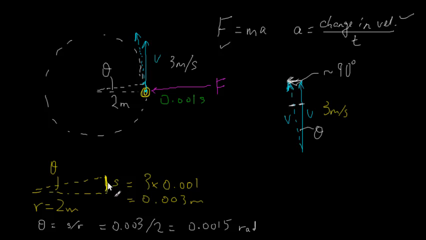Now if we look at this straight line here, this change in velocity, if you imagine also drawing an arc here with this point as the center, that arc would be very nearly the same as the straight line, because the arc is so small. It's only a very slight curve.